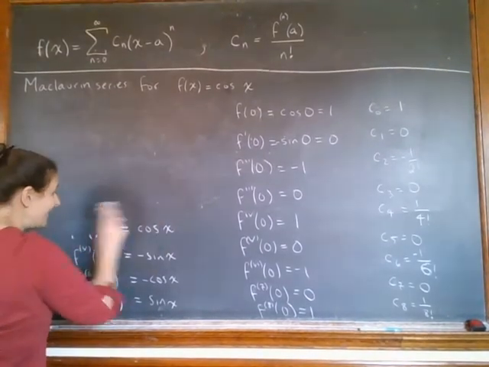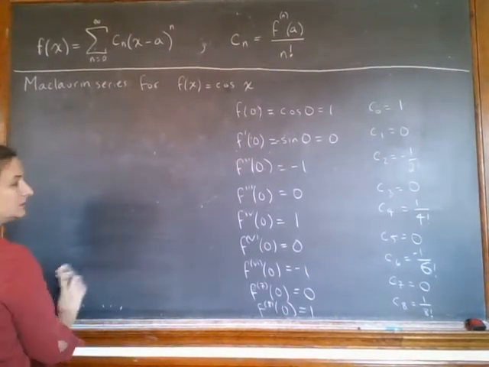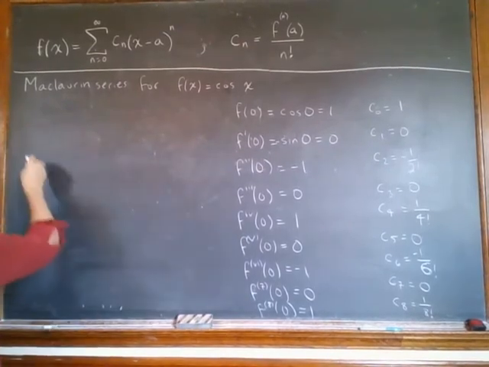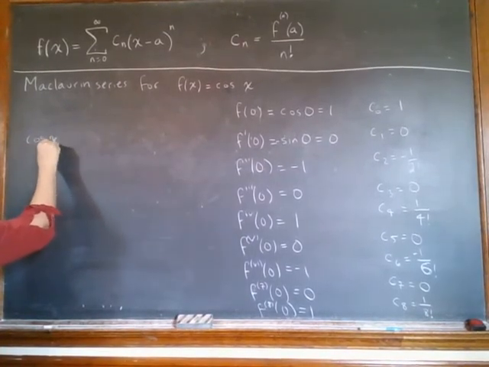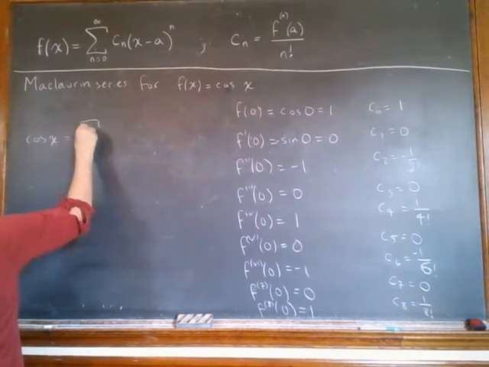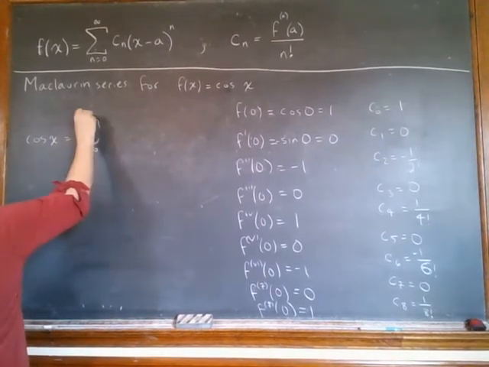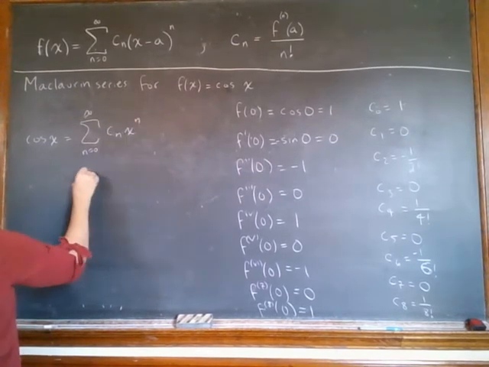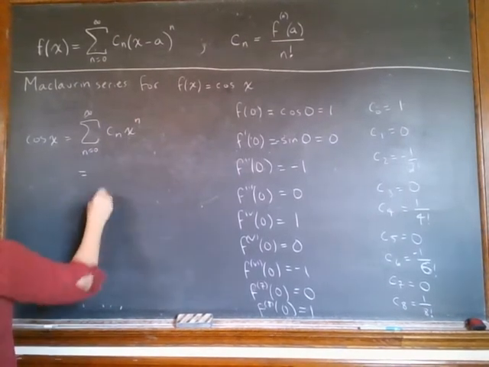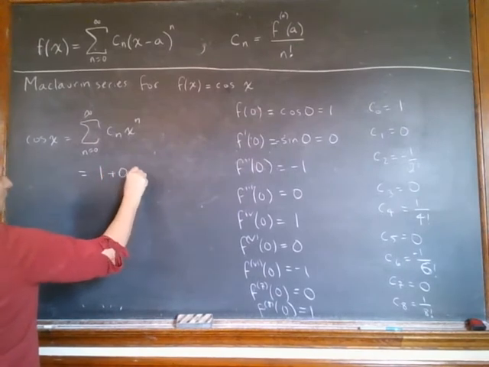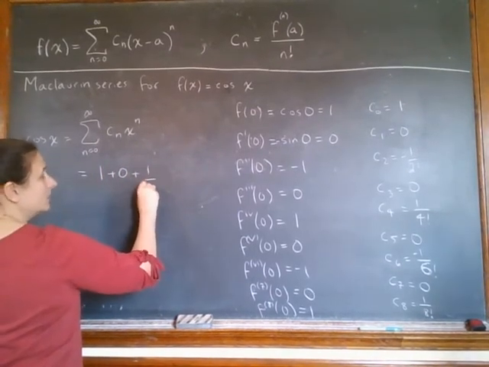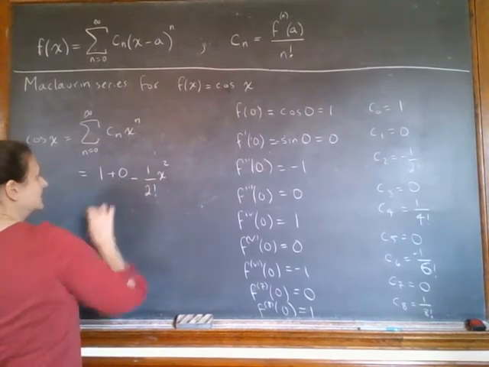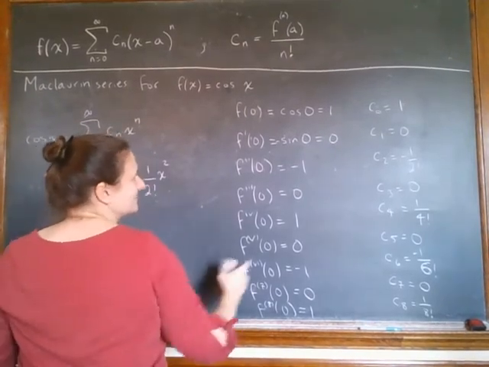So now if I write this out, this is the sum from n equals 0 to infinity of these Cn's times x to the n. So I have 1 plus 0 plus 1 over 2 factorial x squared. Oh, I forgot the minus, right? Minus is there.